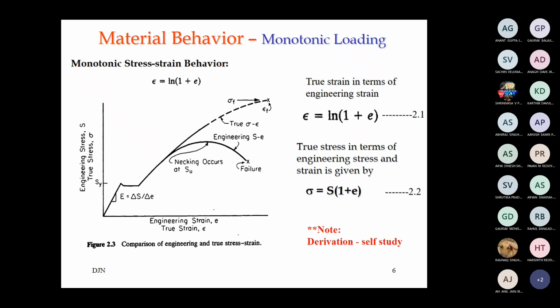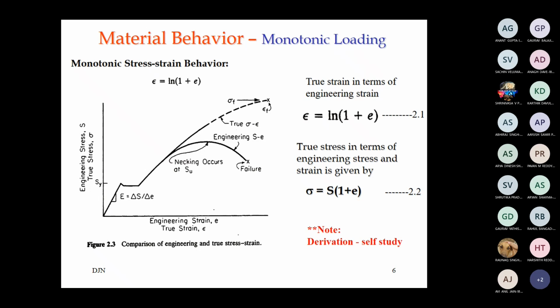Correspondingly, make a note of the notations. In certain books, people use these notations alternatively. So when it is sigma here, it is assumed as true stress, but most often people use sigma for the engineering stress equation. It is left to the person which notation they want to consider, but it has to be maintained the same throughout.